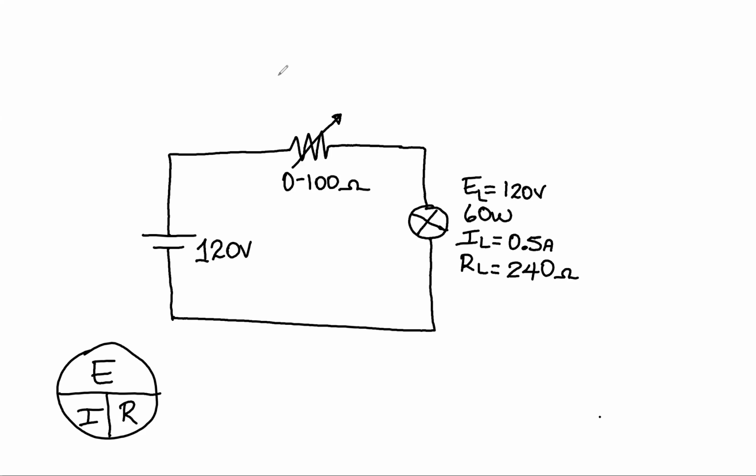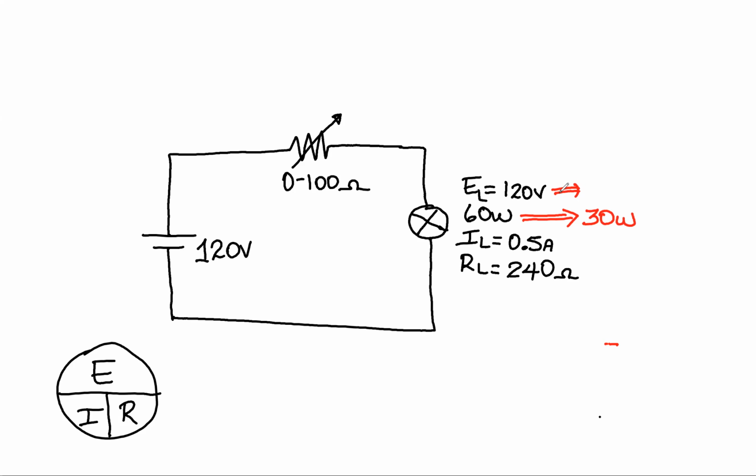So I'm going to use a different color, and now I'm going to ask you a question. Now, we want to be able to dim the brightness of this light bulb from 60 watts to half its wattage, to only 30 watts. In order to accomplish that, we'll have to reduce our voltage.